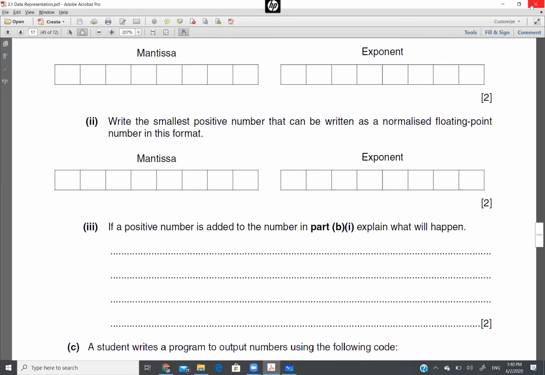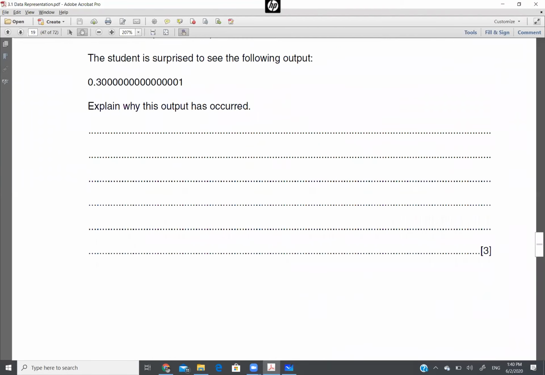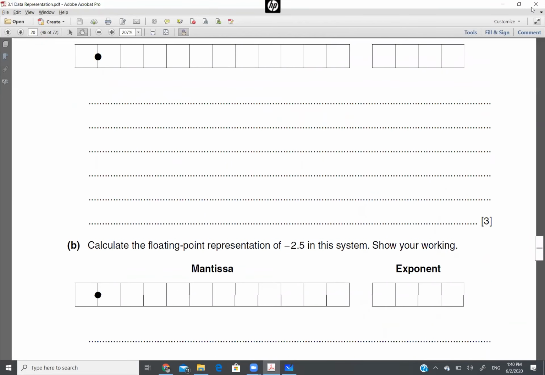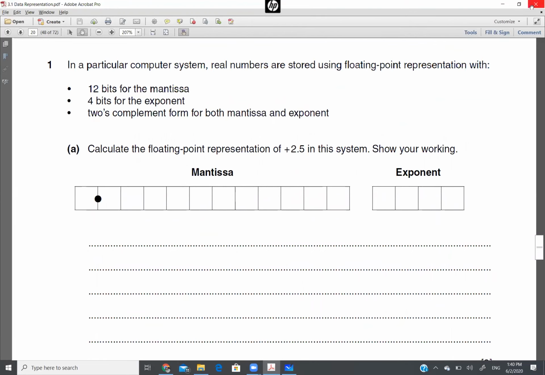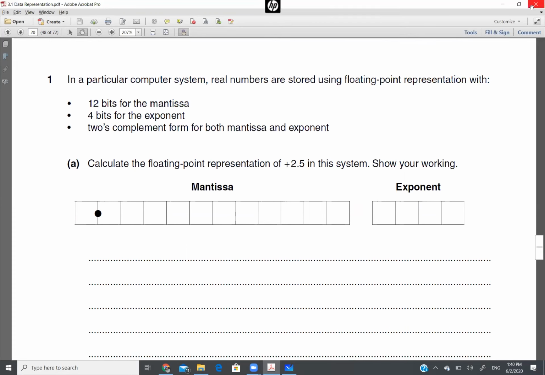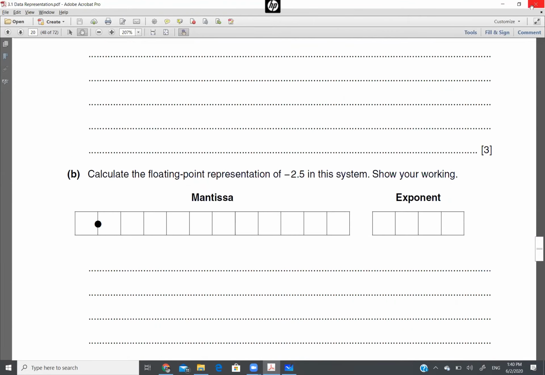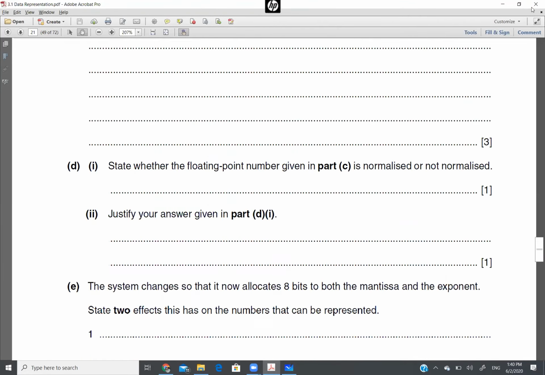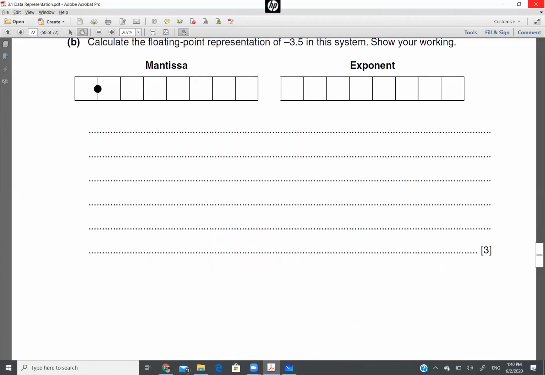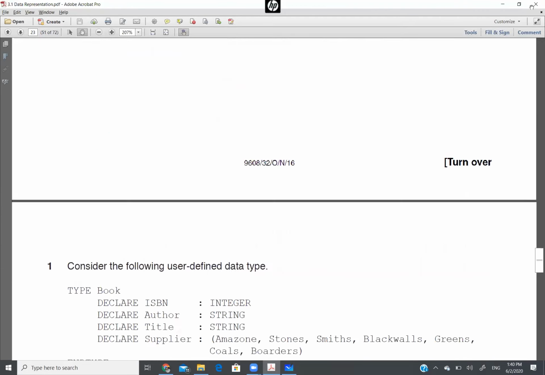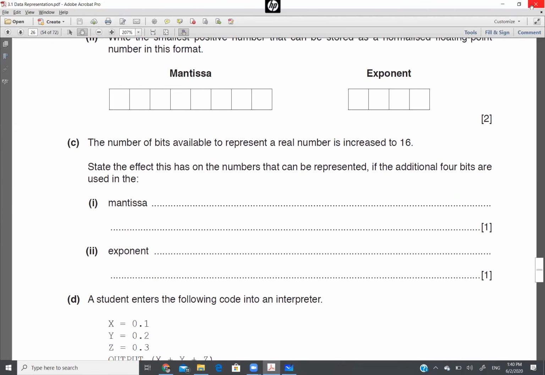This one is easy. If we can find one with the negative mantissa, that would be fun. Look, the decimal portion is always there. In a particular computer, yes, this will need to be normalized because the decimal portion will go that way. We will do it after normalization. This also needs normalization.